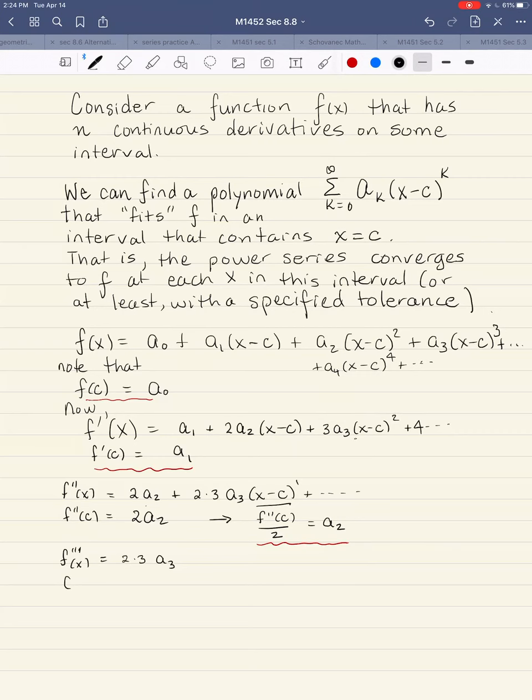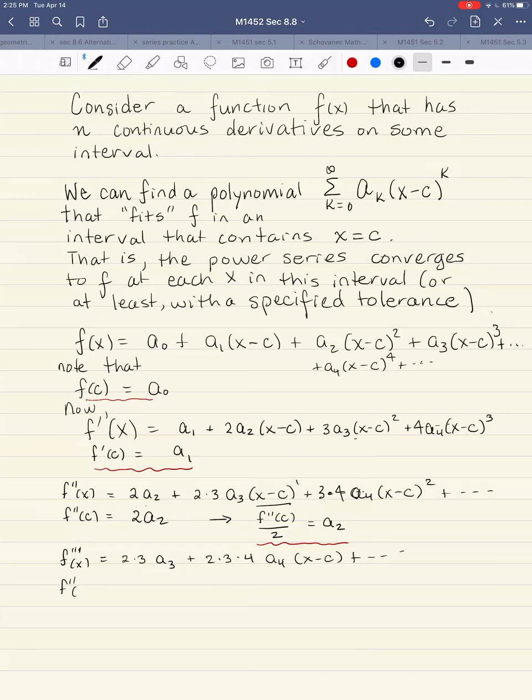Another derivative here: the first derivative would be 4a4 times x minus c cubed. Your second derivative will have a 3 times 4 times a4 times x minus c squared. And if I take a derivative of that, it'll give me 2 times 3 times 4 times a4 times x minus c, and there's an infinite number of terms behind here.